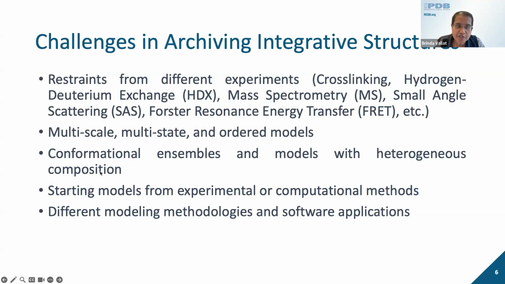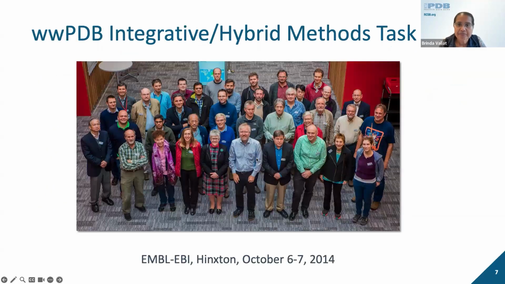And heterogeneous composition is also something that is not supported in the core archive. And integrative models use starting models coming from experimental and computational methods, and they use different modeling methodologies and software applications. So these factors affect how these models are archived and require some special considerations.